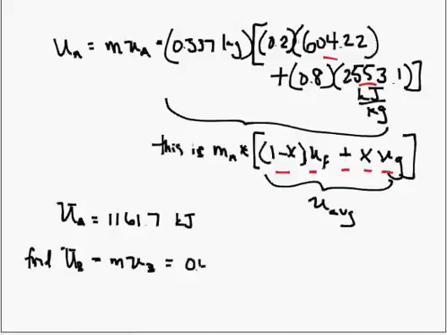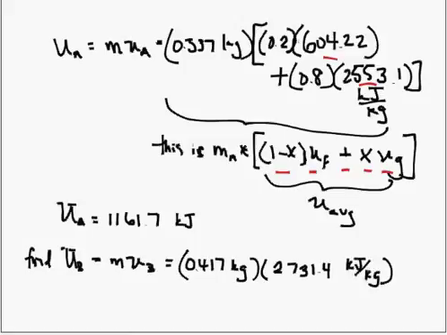So we know the initial mass, 0.417 kilograms, and we can go to the table, table A6, for the initial state of tank B, and find that the specific internal energy is 2,731.4 kilojoules per kilogram. We calculate that out, and the initial internal energy of tank B is 1138.99 kilojoules. Okay, going to the next slide.